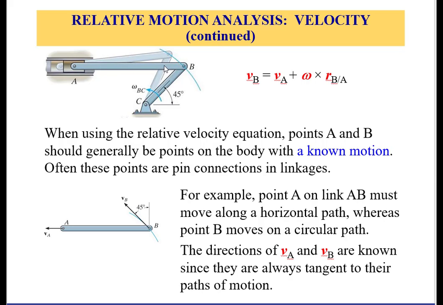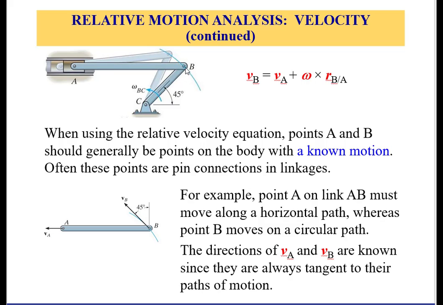Because this equation lacks knowledge of VA, probably we don't know omega, we will know geometry, we need more information. We need another equation, which is provided from the link BC.